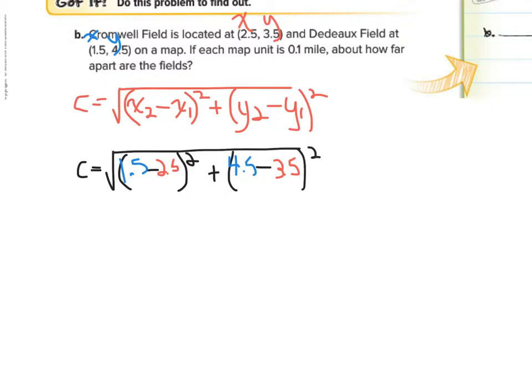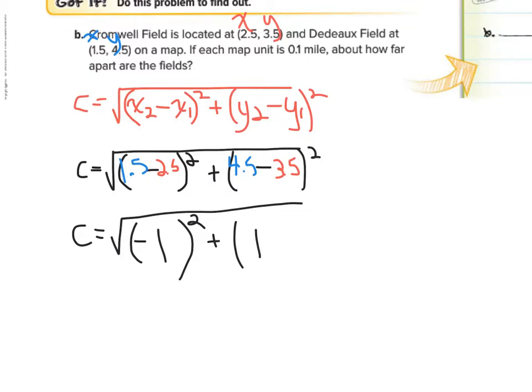Okay, and I can start solving where I write my c equals square root of 1.5 minus 2.5 squared, negative 1, okay, plus 4.5 minus 3.5 is positive 1 squared.